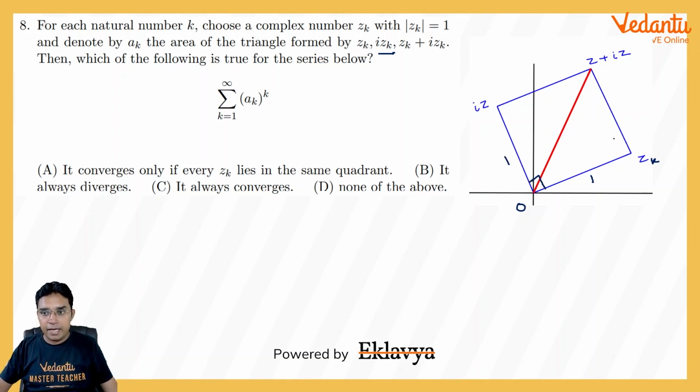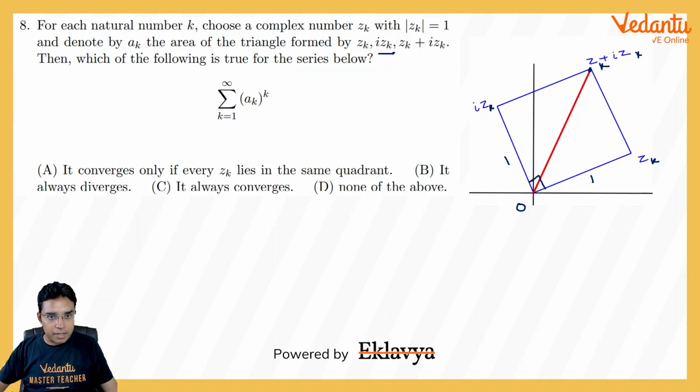Now zk plus i zk can be found by making a parallelogram, which here would be a square, because these two lengths OZK and OIZK are the same and they are at 90 degrees. So this parallelogram will be a square. So this point is zk plus i zk.